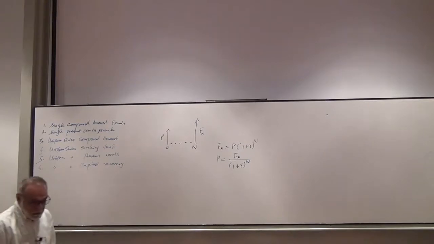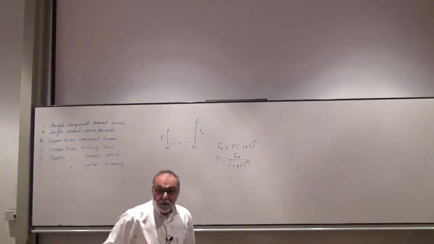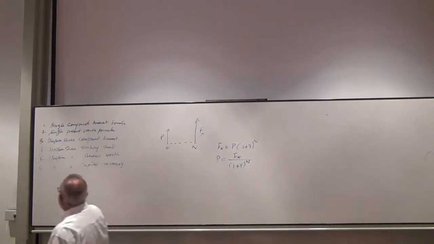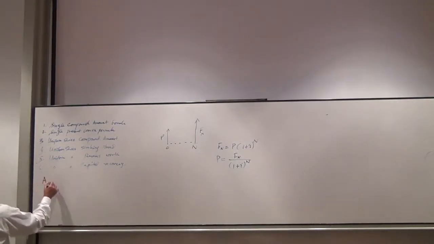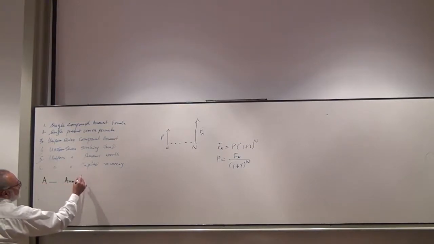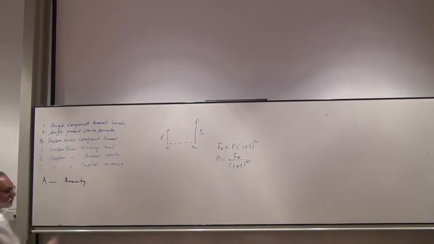Now for uniform series we assume another symbol, we call it A. A is annuity, which is a uniform series of payments.